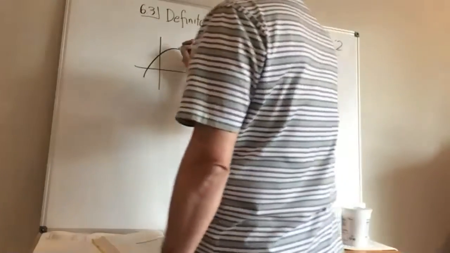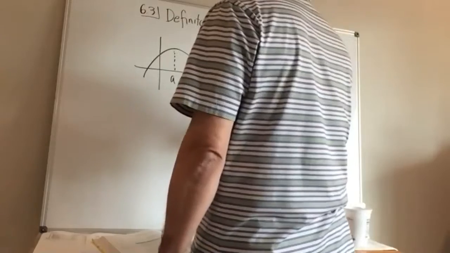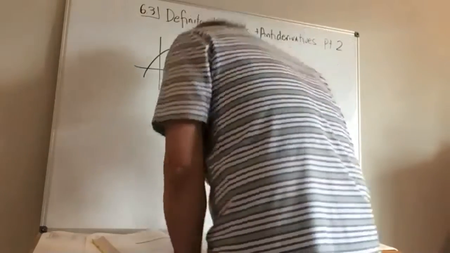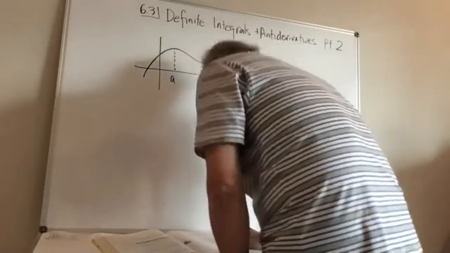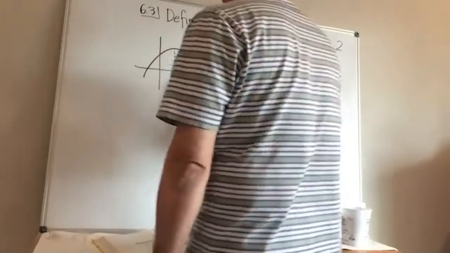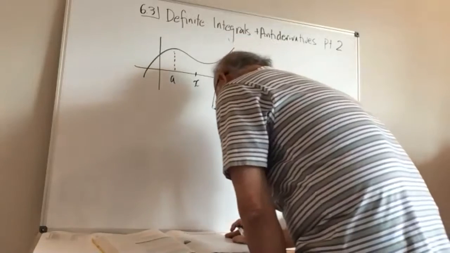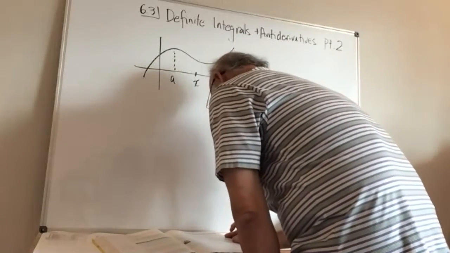Okay, so you guys do this on your own paper, and we're gonna have something like this. Okay, and I'm gonna go ahead and go from A to B here. So we're gonna go ahead and mark an X. I'm gonna mark my X like this, and mark it on the x-axis.